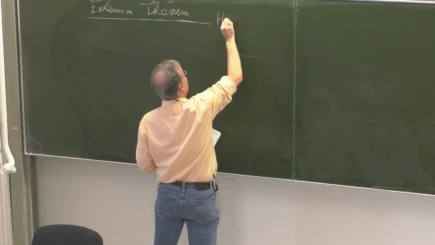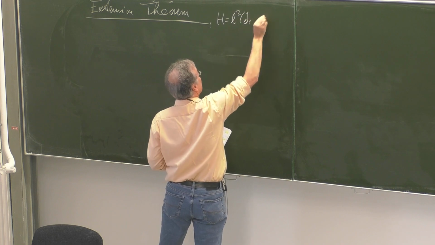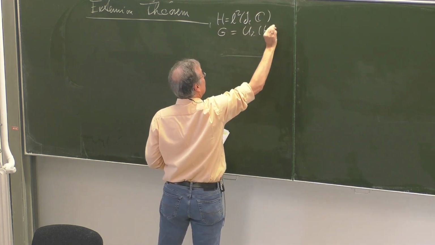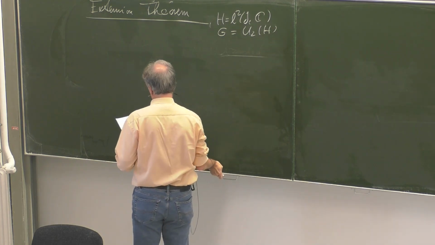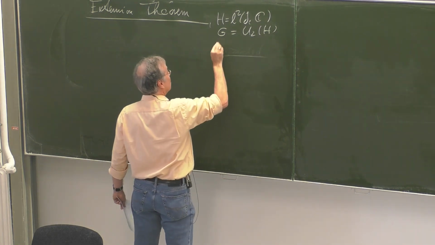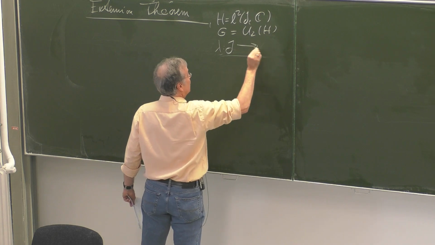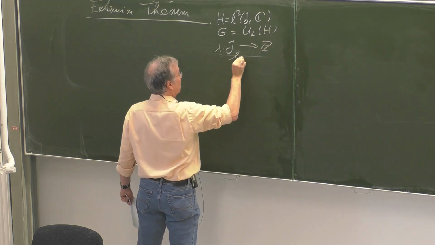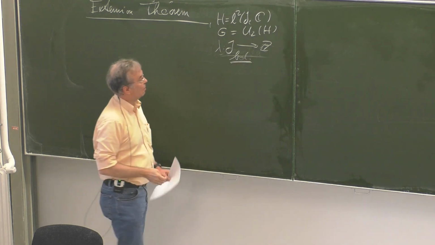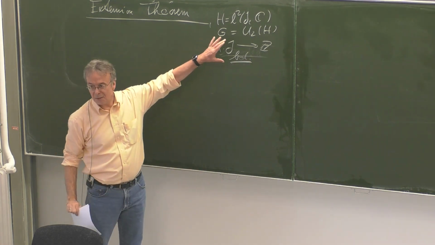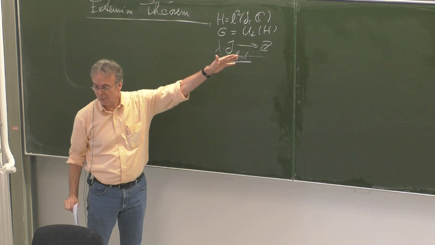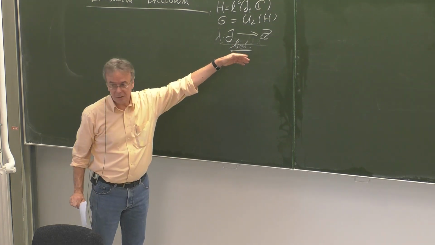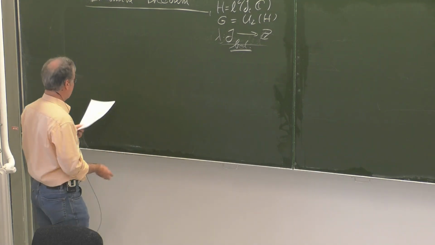Again, H is L2J, G is the corresponding simple Hilbert Lie group, and I also want an integral function on this index set, but now I assume that this is only bounded. So we know already the finite support functionals appear for the norm continuous representations. Now we want to go beyond and look at bounded ones.